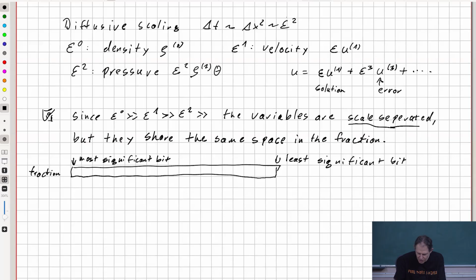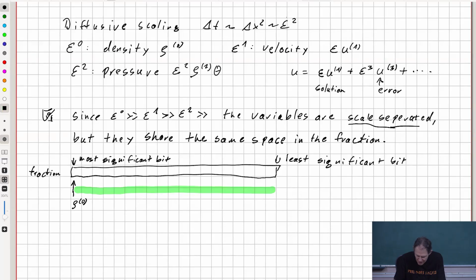So how is our information stored? The largest thing that we have is rho 0. So this defines our exponent, and this means it defines the first number in the fraction, yeah? And this thing is then stored. So this has all the space it needs, right?